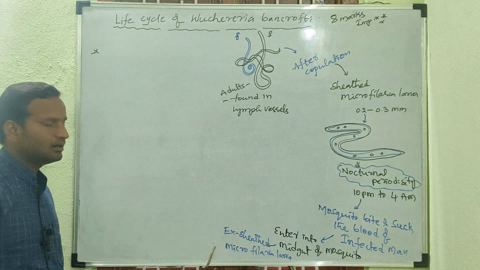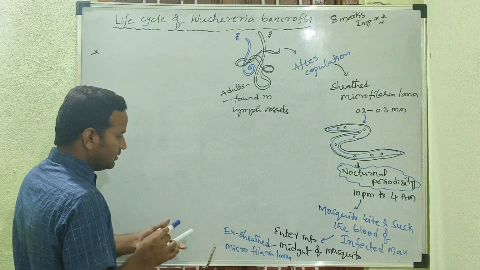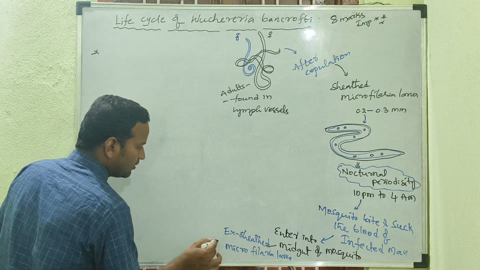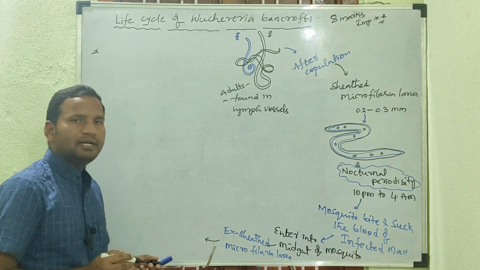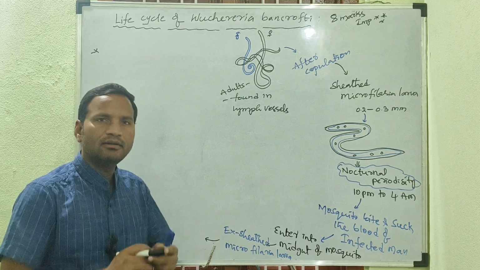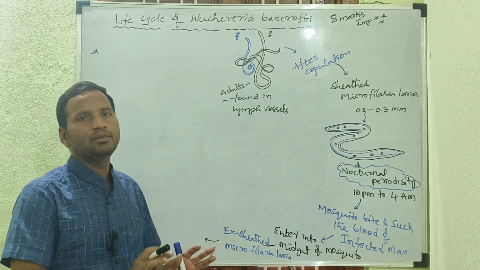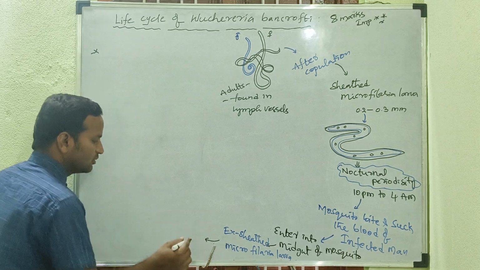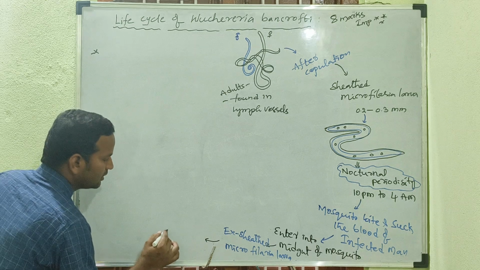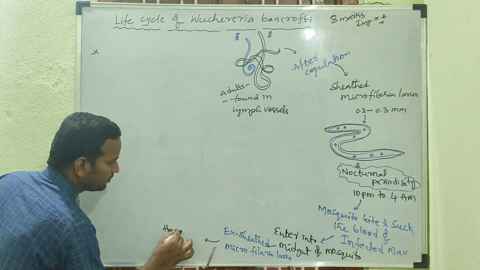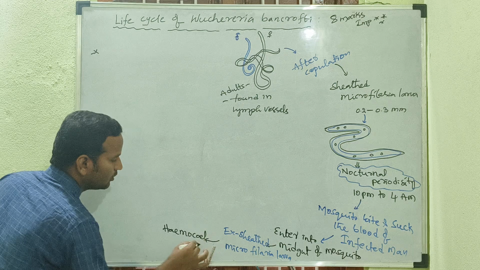Ex-sheathed microfilaria larva. Then it penetrates the wall of the gut and reaches the hemocoel. Simple noun there, it reaches to the what? Hemocoel.